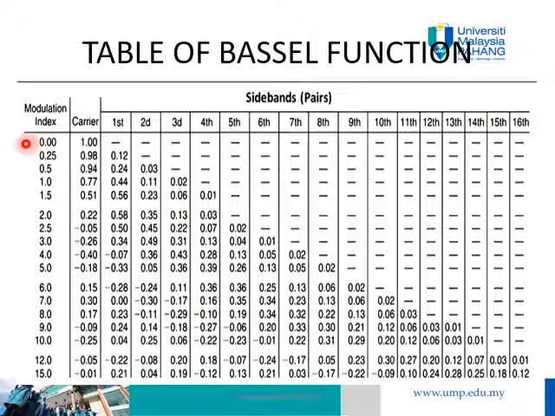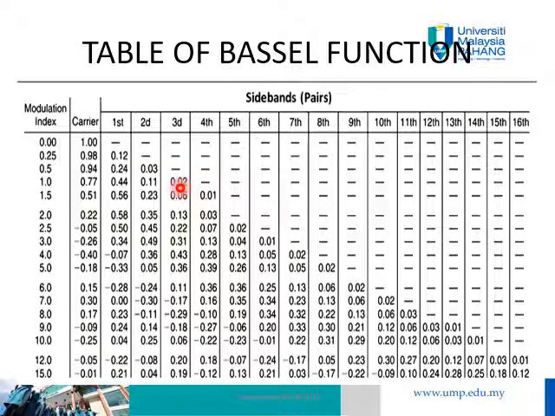We have the modulation index value here: 0, 0.25, 0.5, 1, 1.5, 2, 2.5, 3, 4, 5, 6, and so on. When the modulation index is 1.0, we have J0 equal to 0.77, J1 equal to 0.45, J2 equal to 0.11, and J3 equal to 0.02.